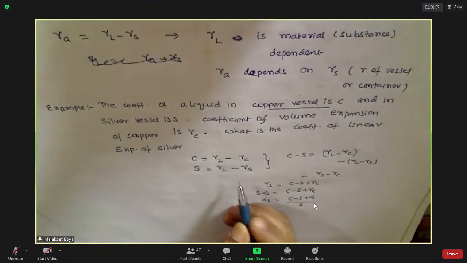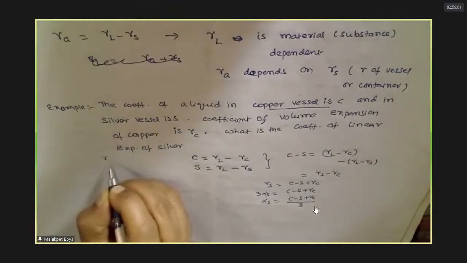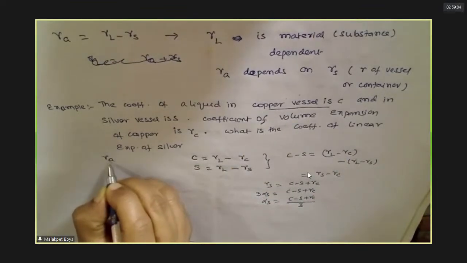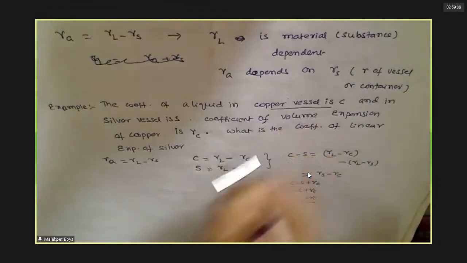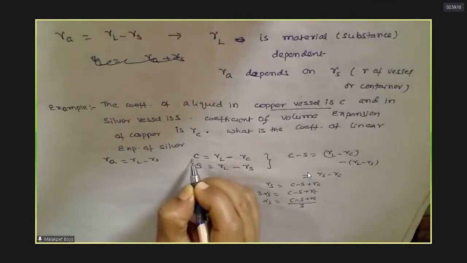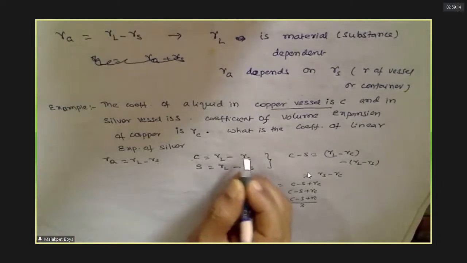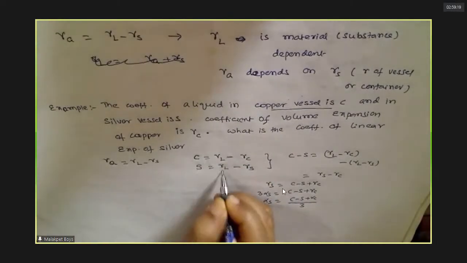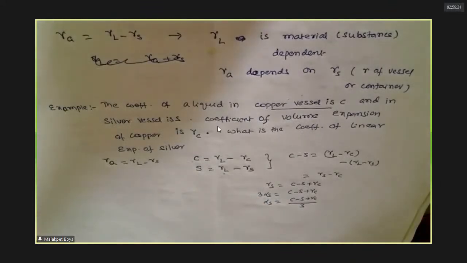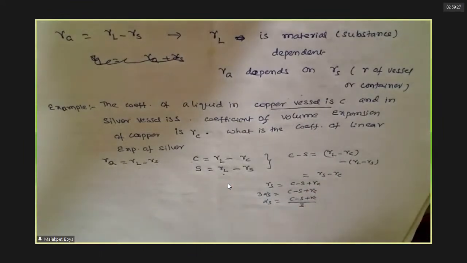Yes, sir, that one. He gave this, no? Copper. Gamma apparent is when you take it in a vessel. He has taken copper vessel. It is C. Liquid expansion is same, no? This is gamma C, copper. If you take silver, this is gamma S, no? This won't change. I have subtracted that. From there I need gamma S. From there I'll get alpha S.